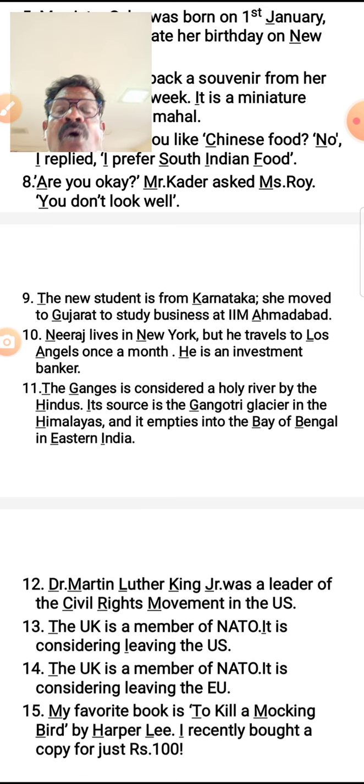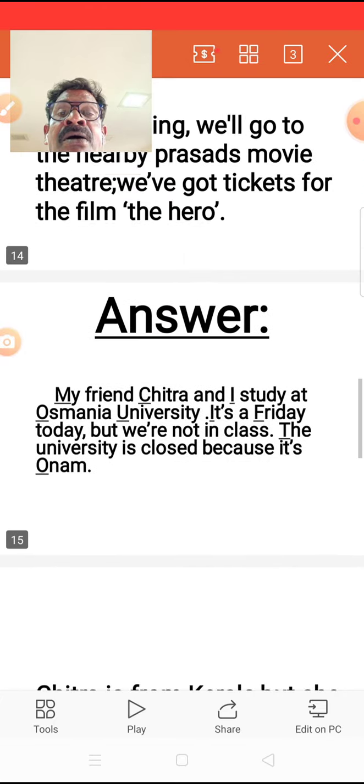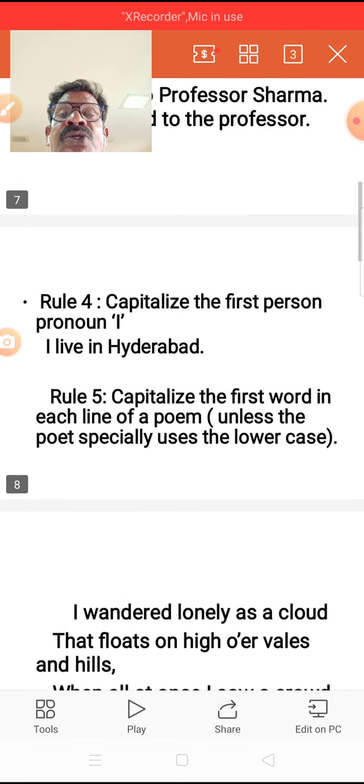So this is what capitalization in punctuation we have come across with capitalization. The certain rules which we have discussed, when we are supposed to use capital letters, and once again, there are particular rules which I have told you.